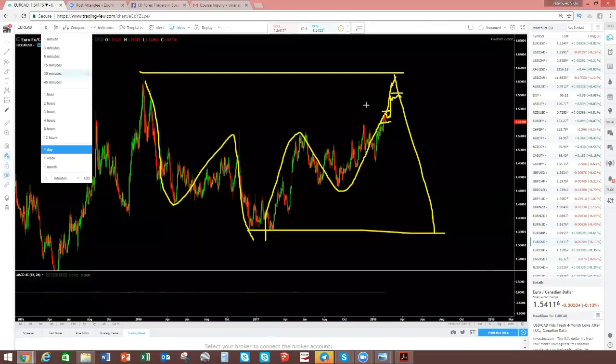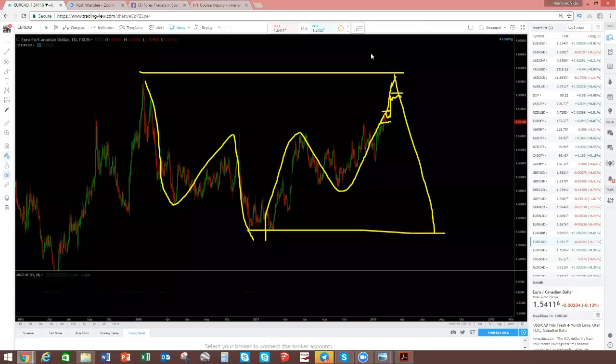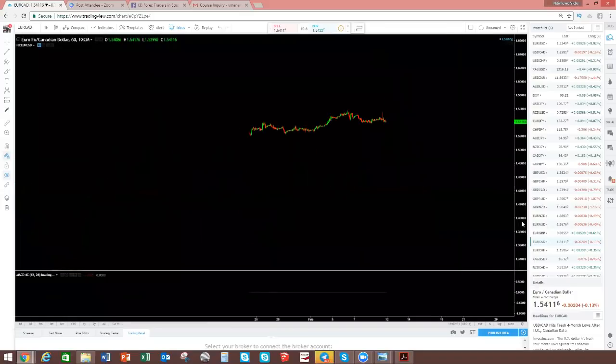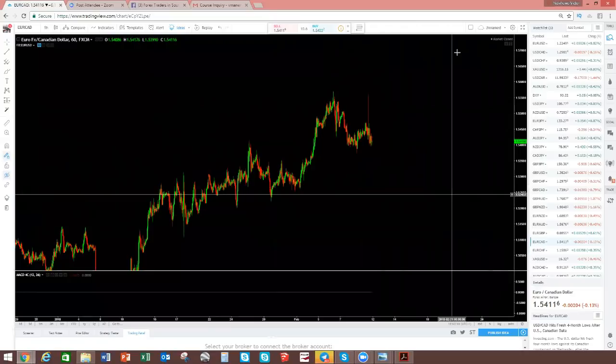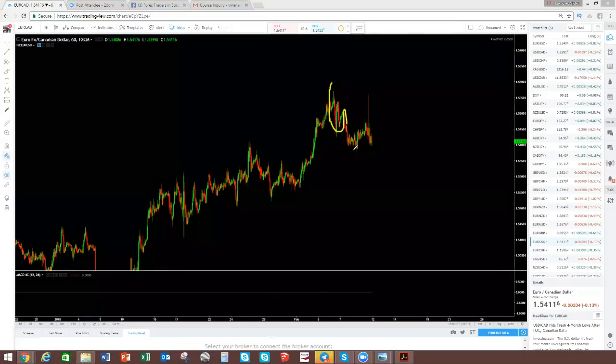So if we go to the 1 hour time frame, let's see what it's doing. You can see here that we have this 1, 2, 3. This is also a 1, 2, 3, by the way, even though it's got a spike. This may do this and carry on with that move. But for now, until it takes the top and gives us an indication of downside, we're just going to keep with the bullish bias.